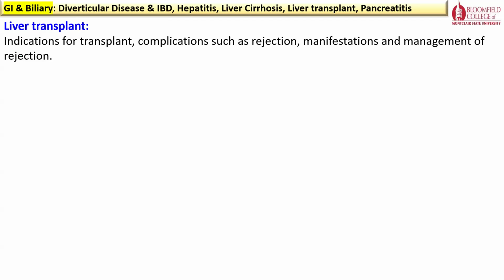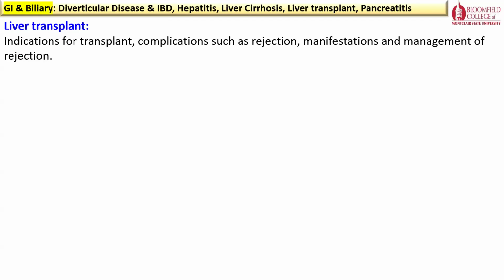In the early post-transplantation period, common infections include pneumonia, wound infections, UTIs. Complications of liver transplantation include bleeding, rejection, infection. Although rejection is not as significant or major a problem as it is for kidney transplantation, there is a risk of immunosuppression.